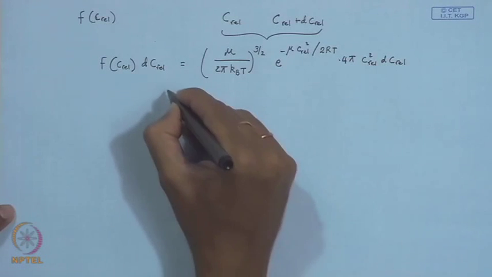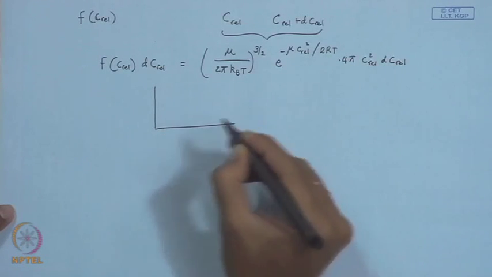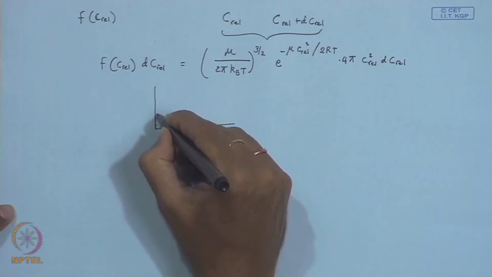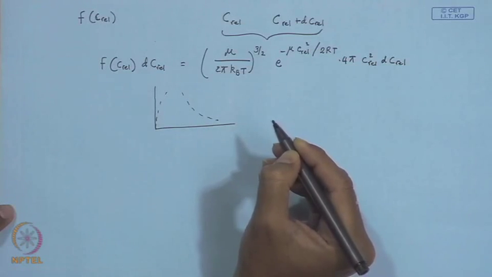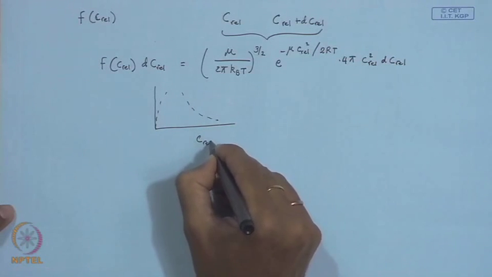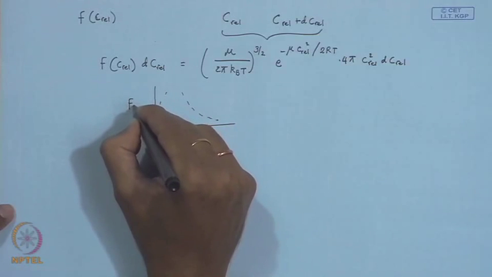If you plot, it will be something like this. This is your c relative and it is f c relative.